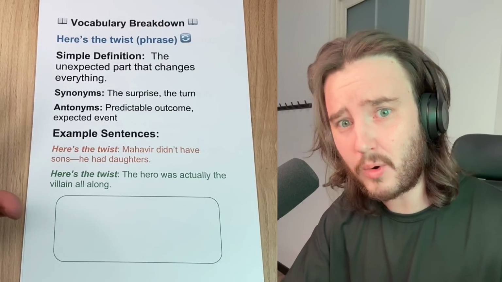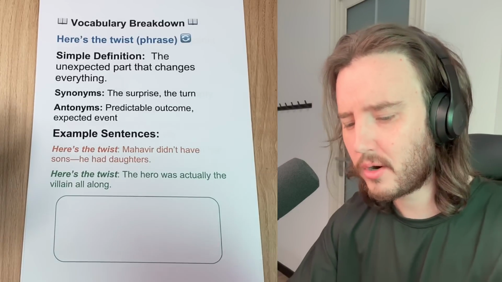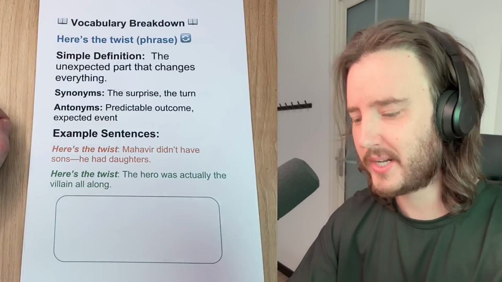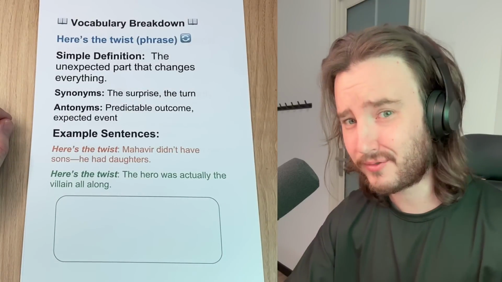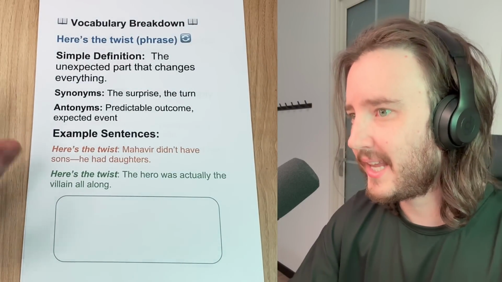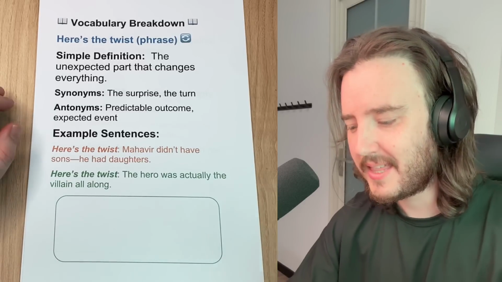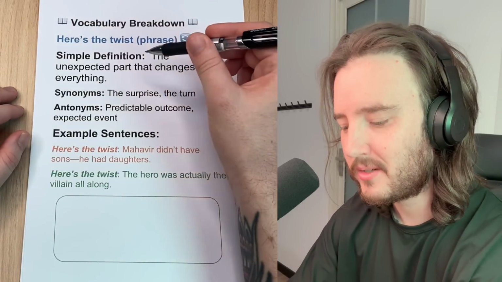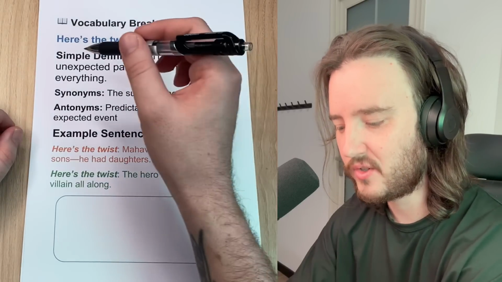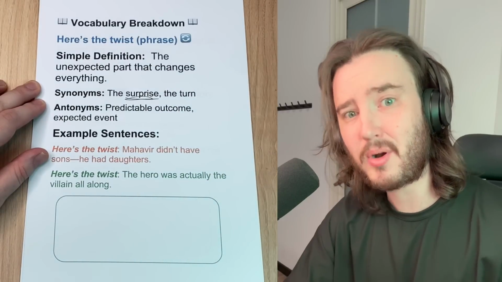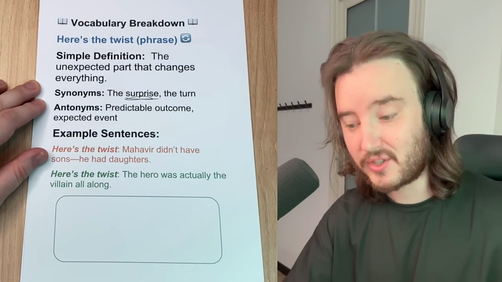So now we're going to take a close look at them, starting with "here's the twist." Here's the twist. It's a very useful phrase when you're telling a story in English. You say that at the unexpected part of the story that changes everything. Okay, the surprising part in the story that you didn't expect.